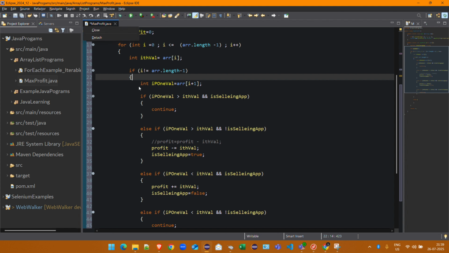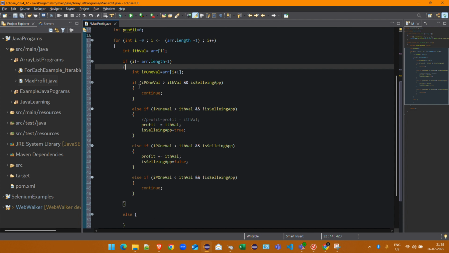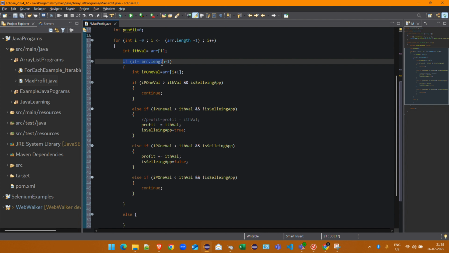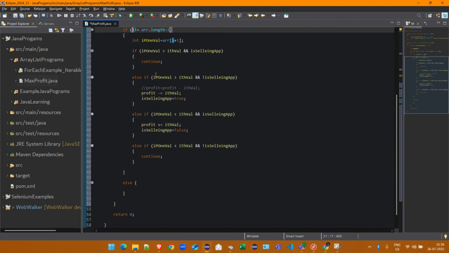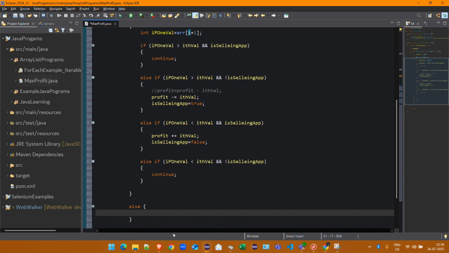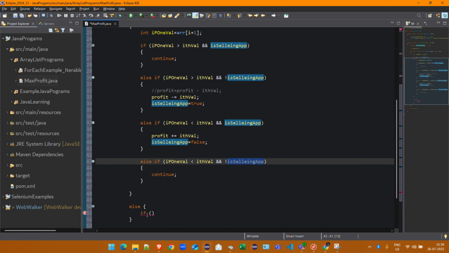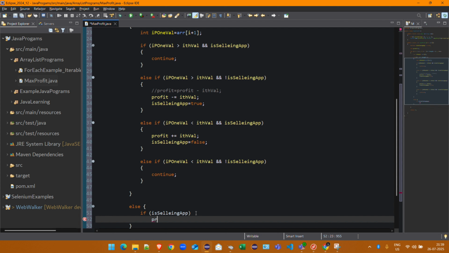Else, okay, it is against this if, right? Let me decrease the font a bit, maybe. So this else is against this if i is not equal to arr.length. This else means that we have reached the final element, so we'll check just one condition: if selling is applicable, if this is true, then we will write profit plus equal to arr of arr.length minus 1.